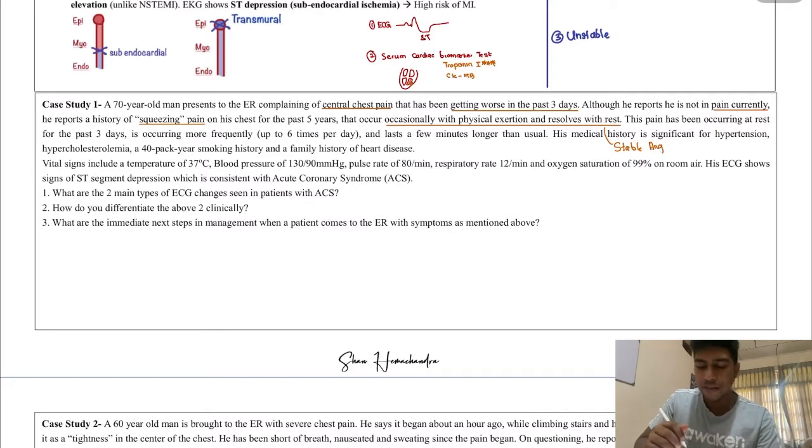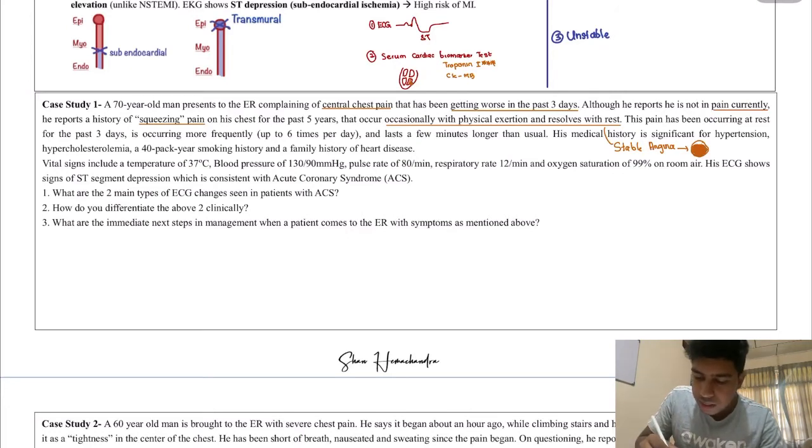What is this type of chest pain? It's called stable angina. Why? There is occlusion of the artery. This pain has been occurring at rest for the past 3 days and is occurring more frequently, up to 6 times per day, and lasts a few minutes longer than usual.